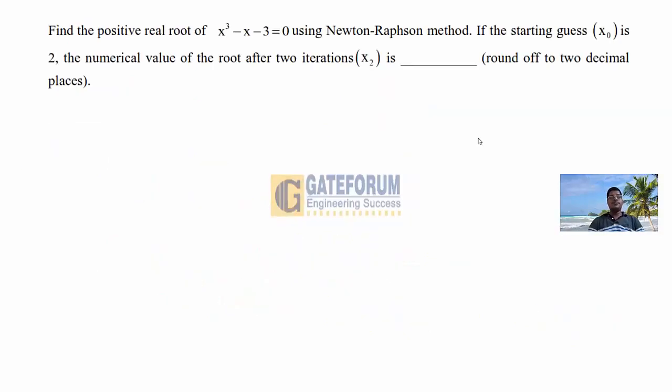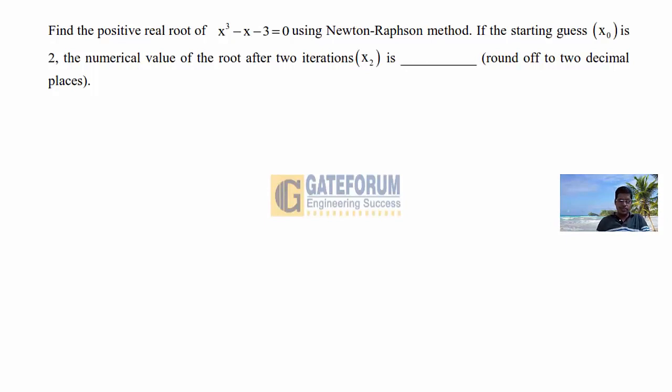The question is, find the positive real root of x cube minus x minus 3 is equal to 0 using the Newton-Raphson method. If the starting guess x naught is 2, the numerical value of the root after 2 iterations, in bracket x2, rounded off to 2 decimal places. This question is from engineering mathematics, from the topic numerical methods, subtopic numerical solution to algebraic or transcendental equation.